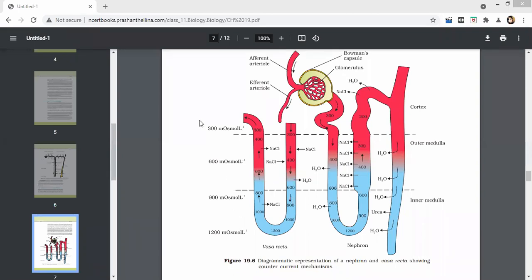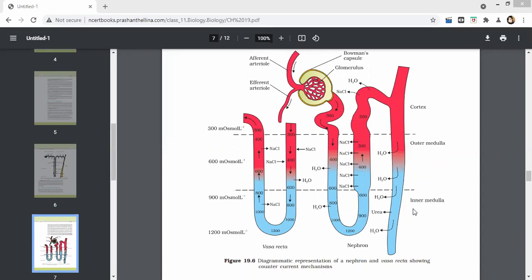Here we have 300, 600, 900 and 1200 milliosmol, and these are the values showing the concentration of the urine. Three different layers are observed: the inner medulla, the outer medulla, and the cortex. The loop of Henle is present in the inner medullary region, as we have seen in the previous lectures.